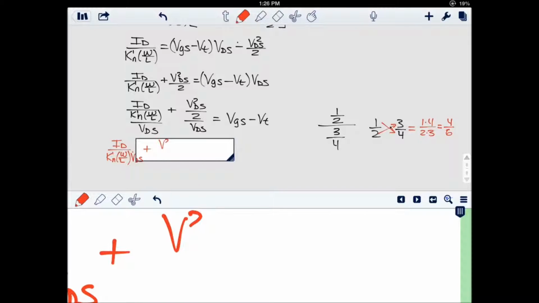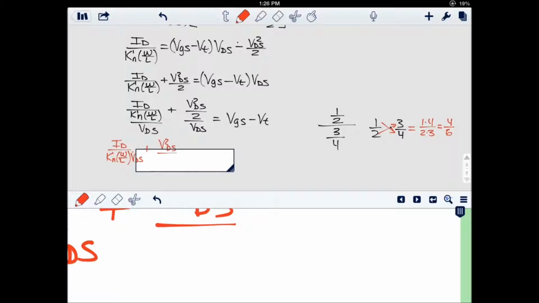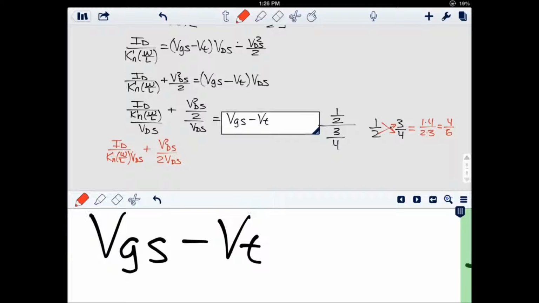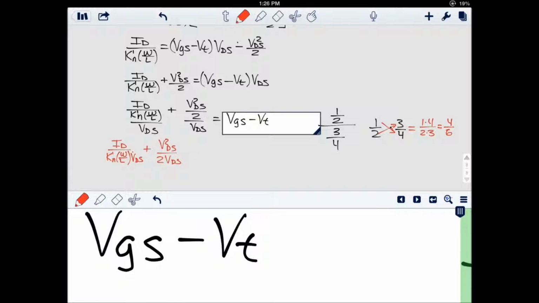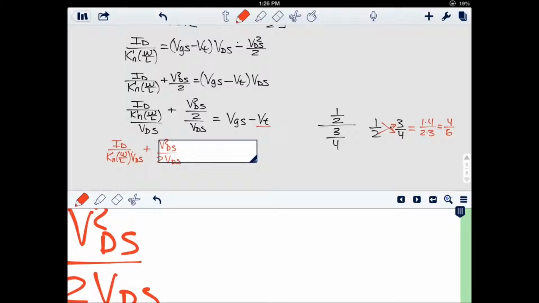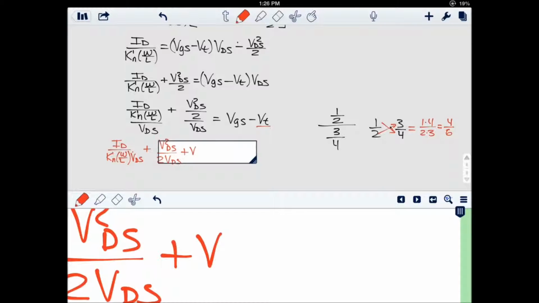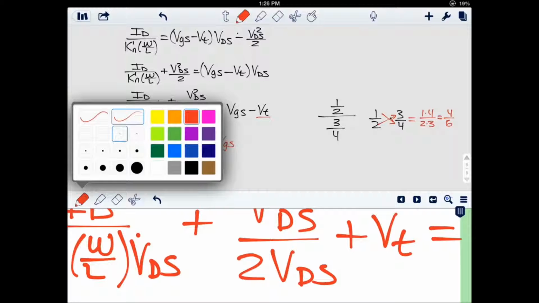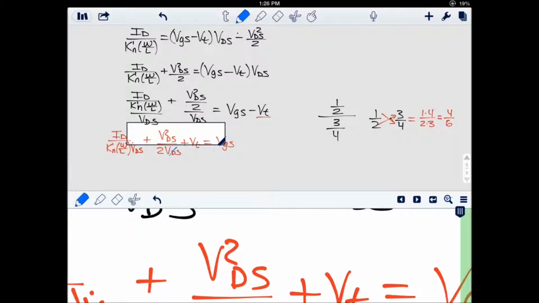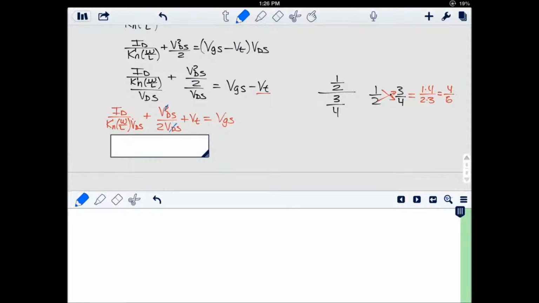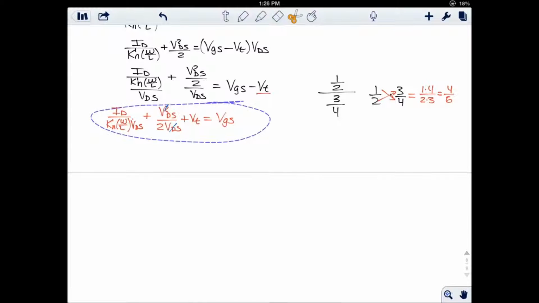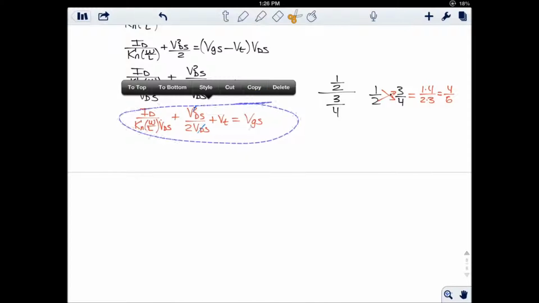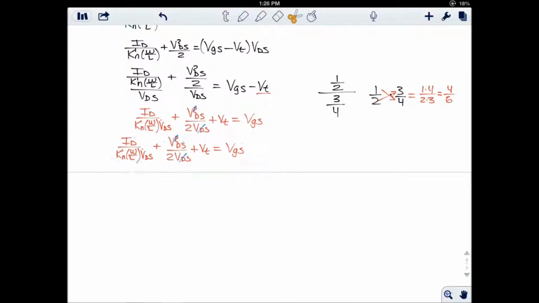And we add the threshold to the right side and to the left side to leave VGS by itself. Here we could cancel this one for one of these, and finally we are left with this.